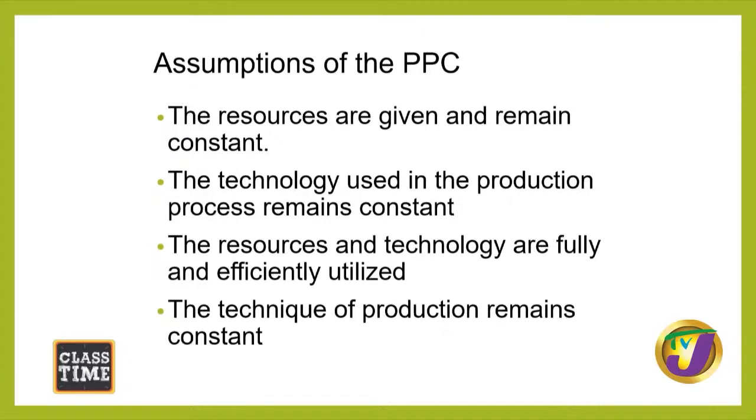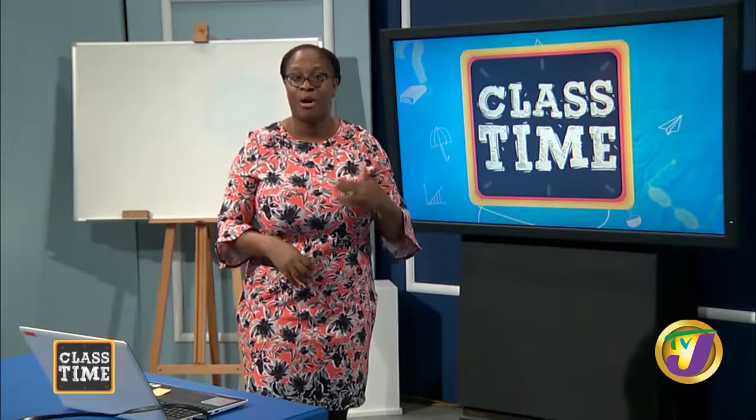Everything is held constant here. Resources and technology are fully utilized. So everything is used to max capacity. There is absolutely no wastage at all or any form of idle resources. And the technology that is used to produce the goods and services also remains constant. So keep those assumptions, students, at the back of your mind.